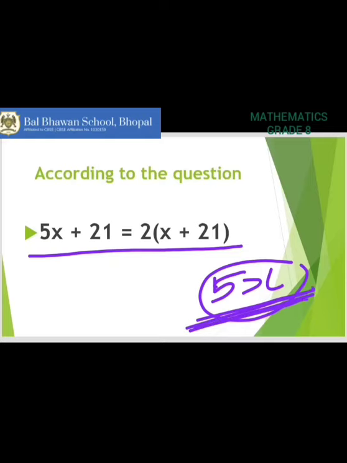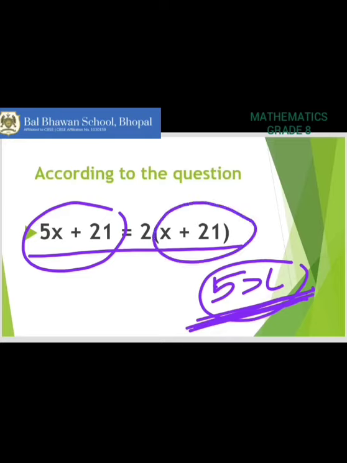So keeping that in mind, I have written 5x plus 21 is equal to 2 times x plus 21, which is the first number I assumed, and this is going to be the second number. So that's how I have framed the equation. Now let's solve this equation to get the value of x, to get the two missing numbers.